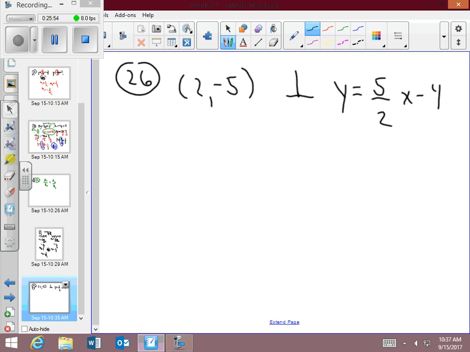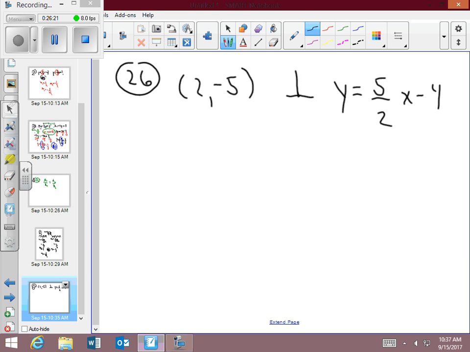We have the point on the line, right? What we don't have for this line that passes through (2, -5) is its slope. And we are able to get the slope because this information is given to us: it's perpendicular to this line.